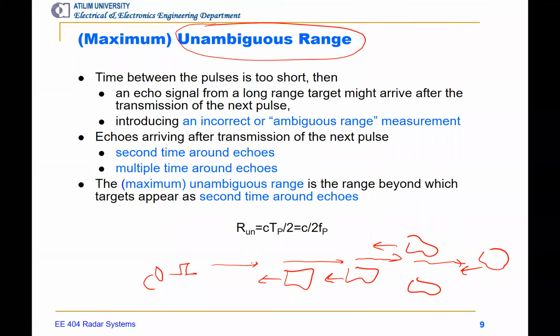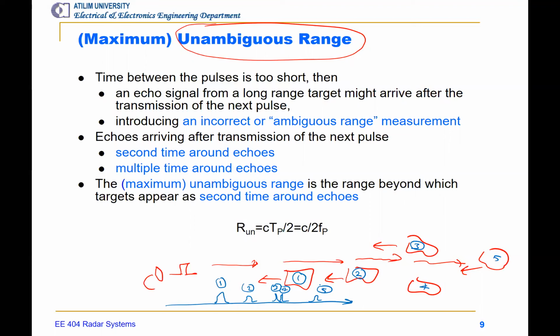So if I look at what I will receive, let's say this is echo 1, or target 1, 2, 3, 4, and 5. So what will happen? I will get an echo signal from the first one. This is the first target. The second one, let's say here. The third and fourth one, just very close to each other. And then the fifth one. Okay, that's how we see.